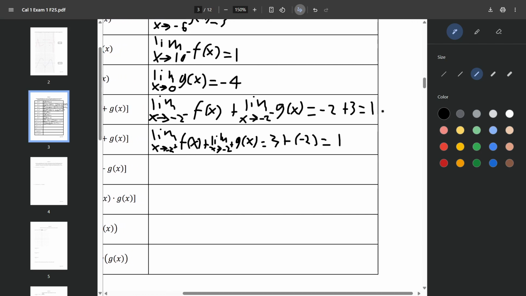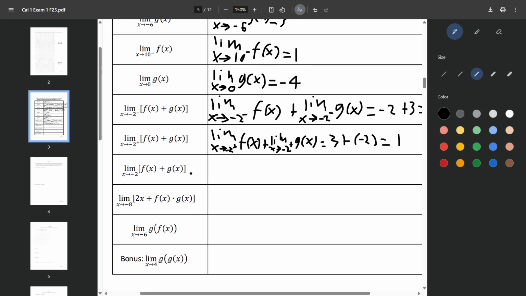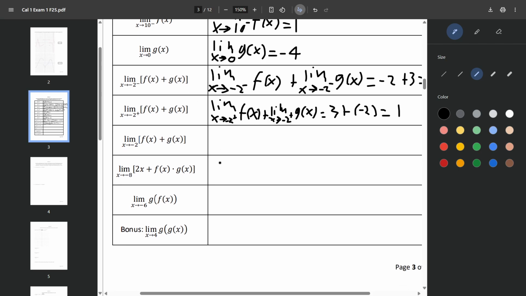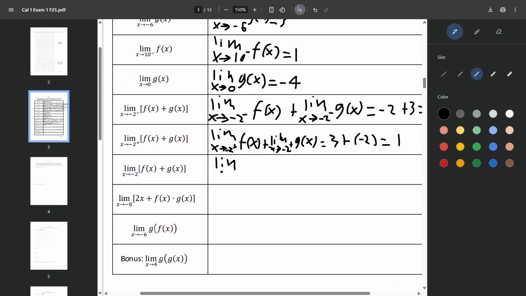And so, because both our answers are the same, both of them being 1, that will be our answer for this question, because we already took the limit from both sides. And because the limit from the left and the limit from the right for this equation are the same, our answer is going to be: the limit of x approaching -2 of f of x plus g of x equals 1.